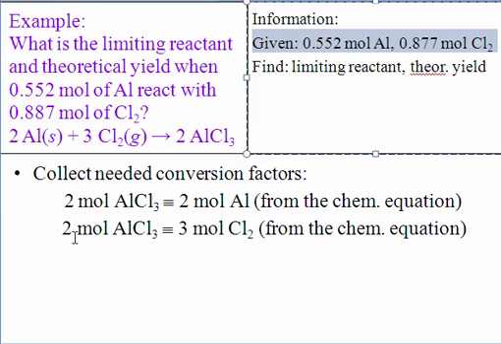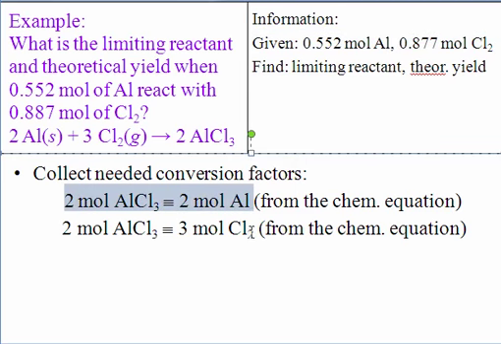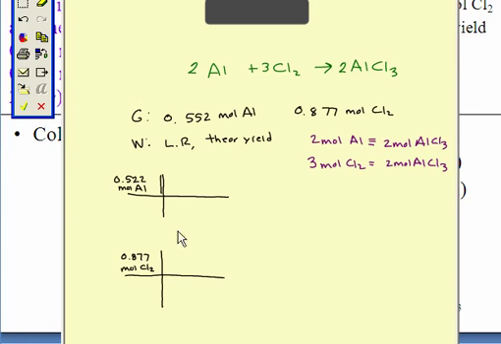So here are our conversion factors. 2 moles of aluminum chloride are equivalent to 2 moles of aluminum. That came from our balanced chemical equation. And 2 moles of aluminum chloride are equivalent to 3 moles of chlorine. That also came from our balanced equation. So here's our balanced chemical equation.